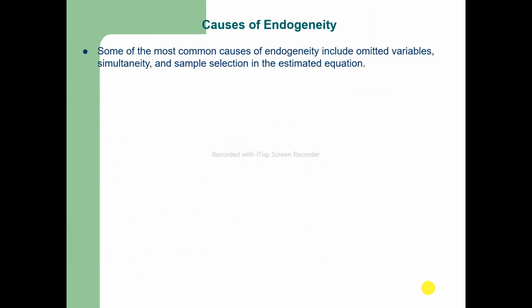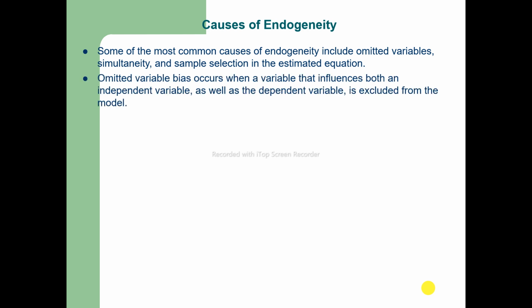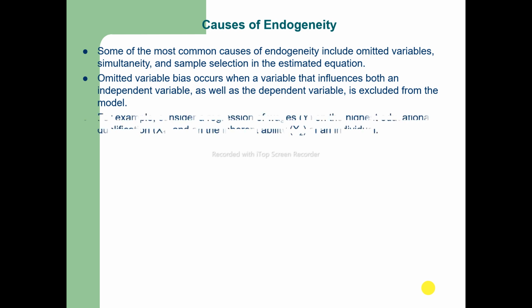Now, there are three causes of endogeneity, and some of the most common causes include the omitted variables case, simultaneity case, and sample selection in the estimated equation. Omitted variable bias occurs when a variable that influences both the independent variable as well as the dependent variable is excluded from the model. I'll explain that with an example.